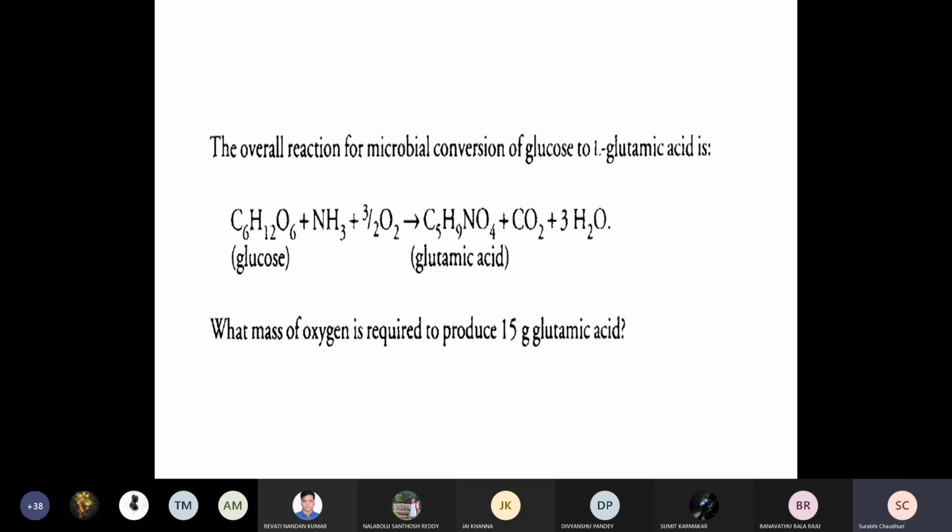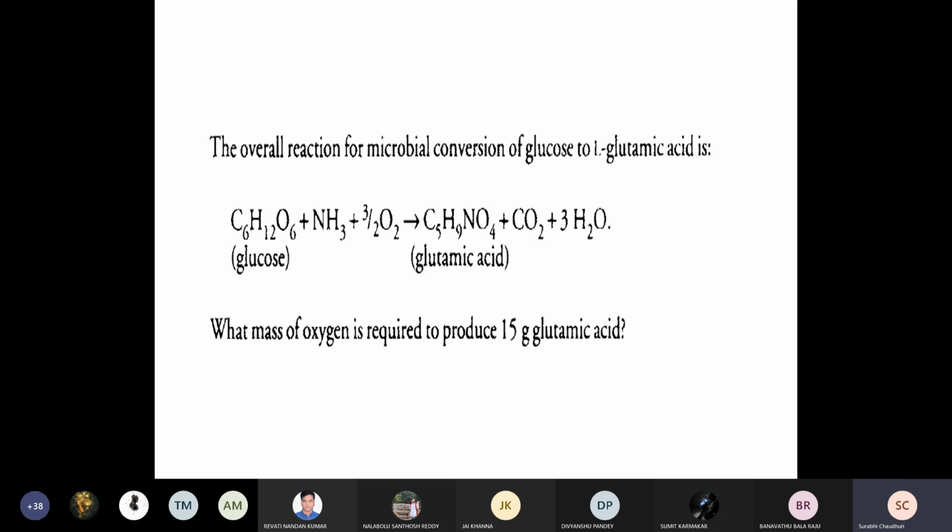And the stoichiometry of the reaction is given here. Glucose C6H12O6 plus ammonia plus 3/2 O2 gives glutamic acid, which is C5H9NO4, plus CO2 plus 3H2O. Now 1 mole of glucose produces 1 mole of glutamic acid. And 3/2 mole of oxygen produces 1 mole of glutamic acid.